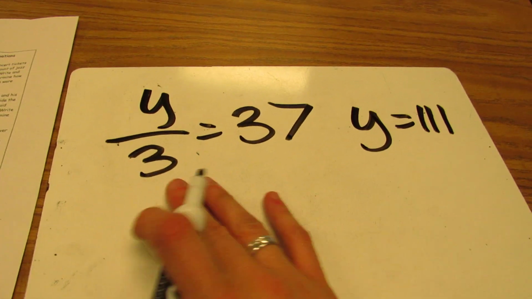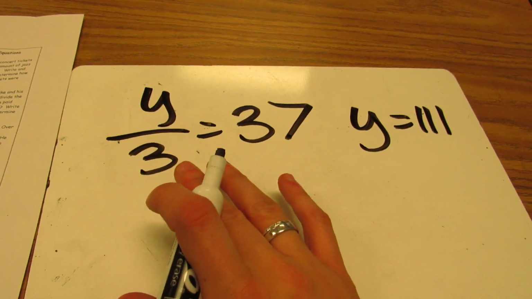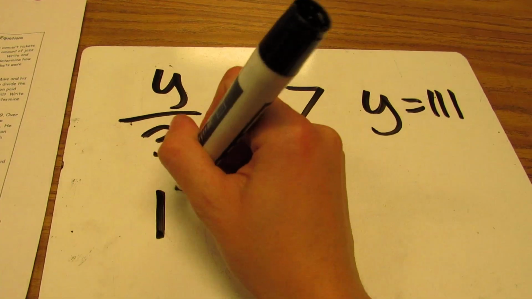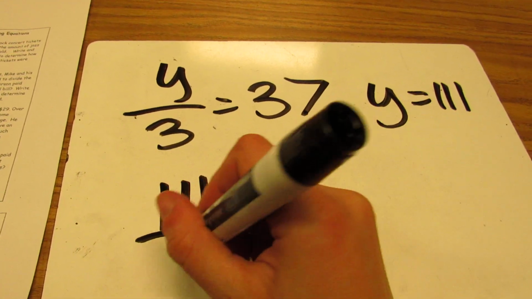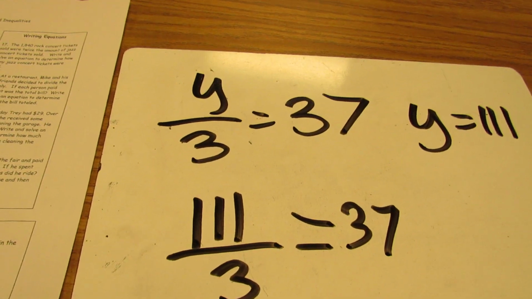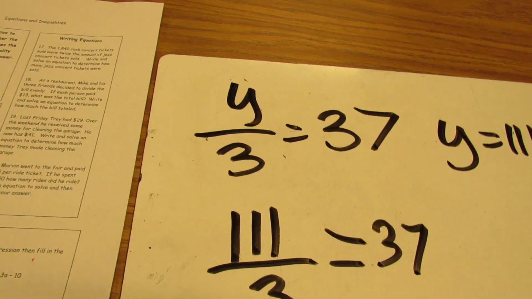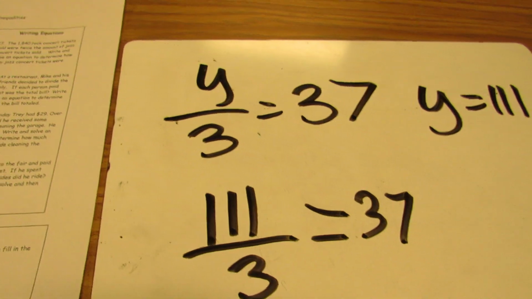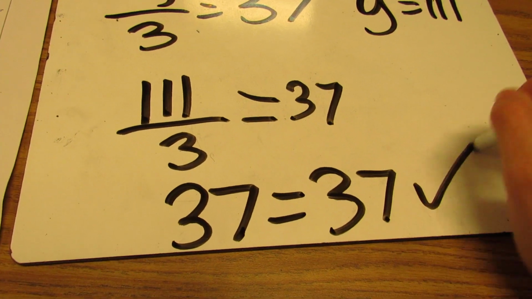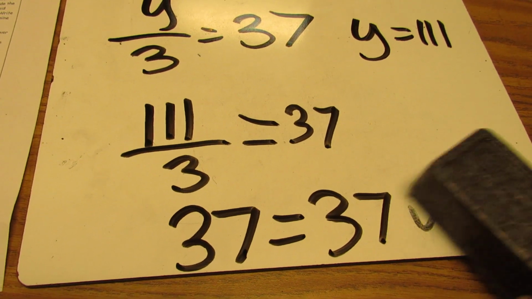So I'm going to go ahead and substitute, and I want to see if this equation is true. So if I put 111 for y, I want to see if it equals 37. If I divide 111 by 3, I get 37. 37 is indeed equal to 37, so that statement is true. Okay.